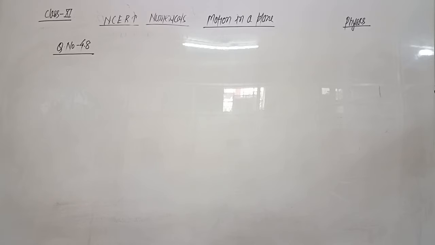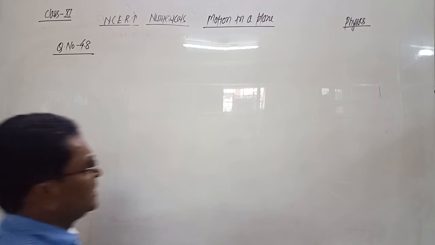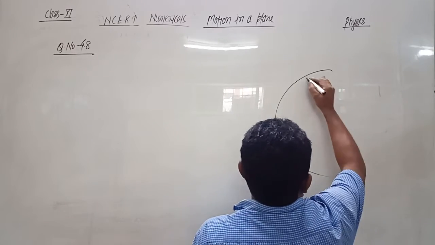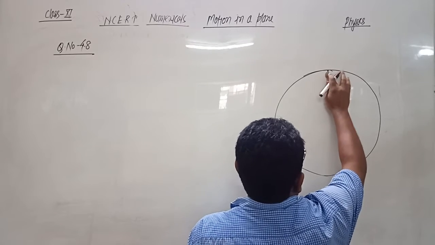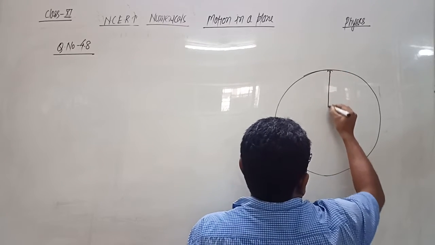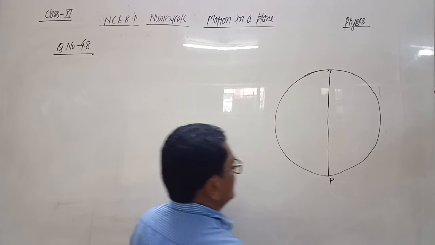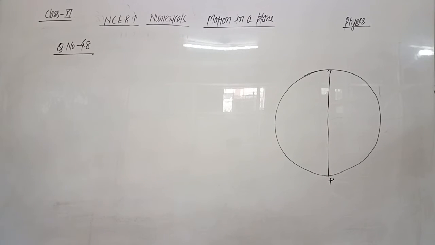In this question, it is given that there are three gulls skating on a circular ice ground of radius 200 meters. They started from point P, and the radius is 200 meters.